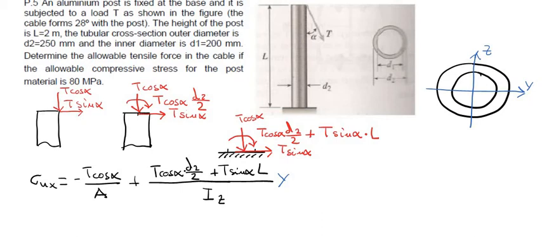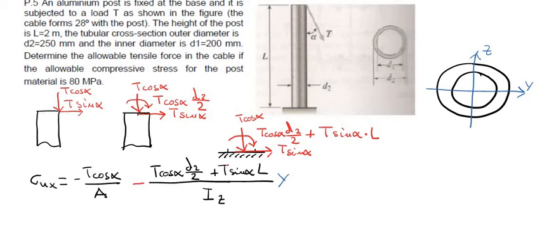If we have this bending moment, we need to have compression in this part of the cross section. This means that when y is positive, we need to have compressive stress. So the correct thing is minus here.